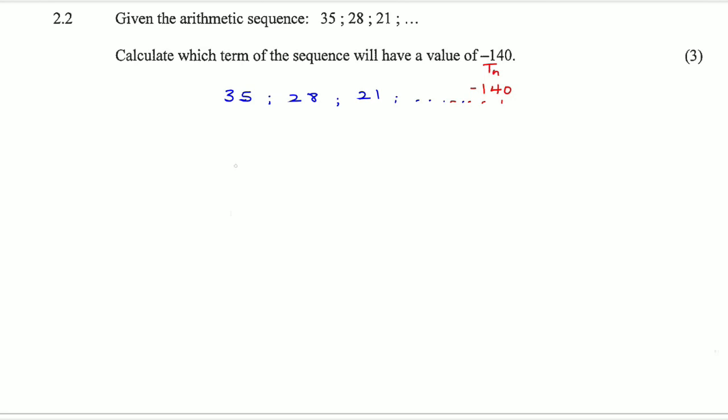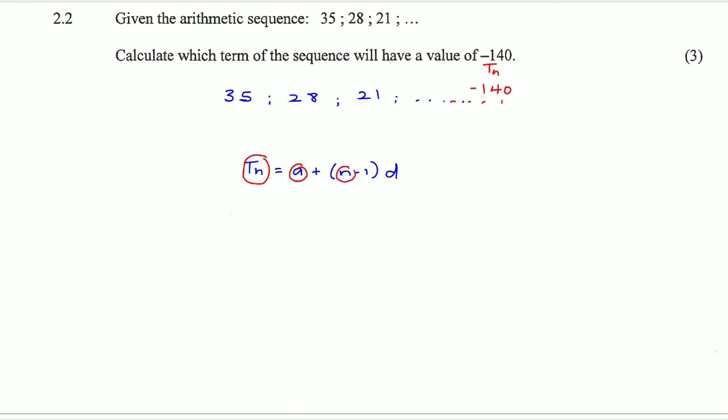We know the equation for the nth term of an arithmetic sequence, and that is term n is equal to a plus n minus 1 d. Term n is the value of the term in the nth position, which in this example is minus 140. A is the first term, which is 35.